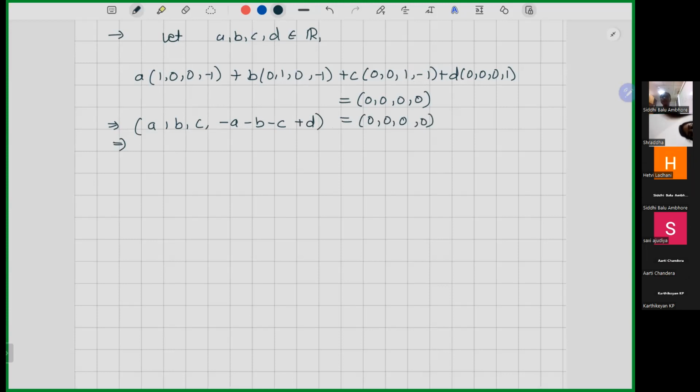So what will this give me? It is linearly independent, and we will check that right now.